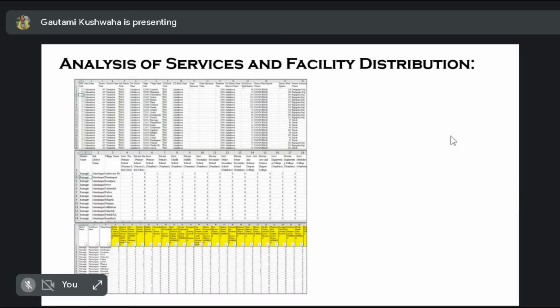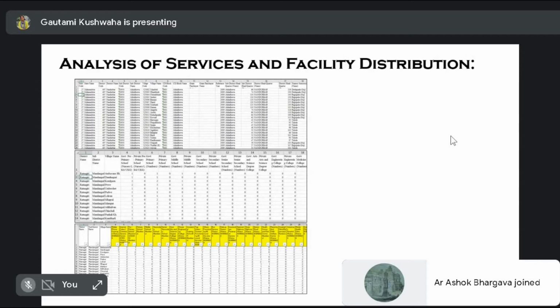So the first one is analysis of services and facilities. Now you all must have seen census data some time in your academics or in your working life, and we know how hectic it is to clean that dataset, that is census data, and how hectic it is to read that data and to interpret it.